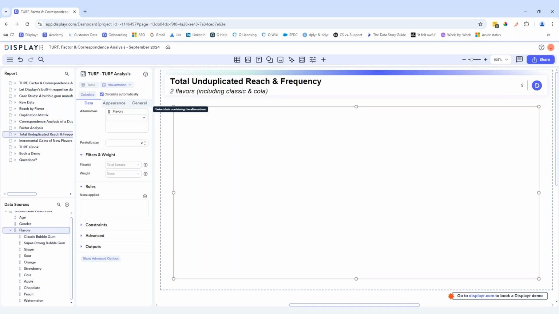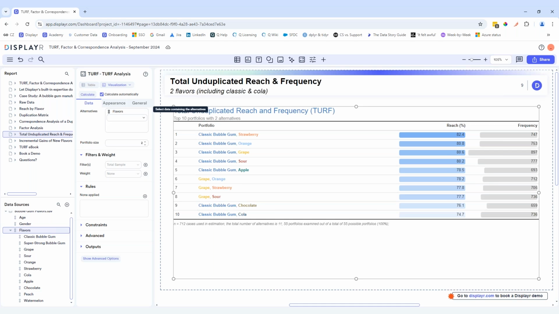What turf does is it searches through the data and it finds the combinations of alternatives, or in this case, flavors, that maximize reach. This output here shows the top 10 portfolios that consist of 2 flavors. The best 2-flavor portfolio consists of classic bubblegum and strawberry, and it has a reach of 82.4%, and it has a total of 747 choices, where this frequency here counts people twice if they like both flavors.